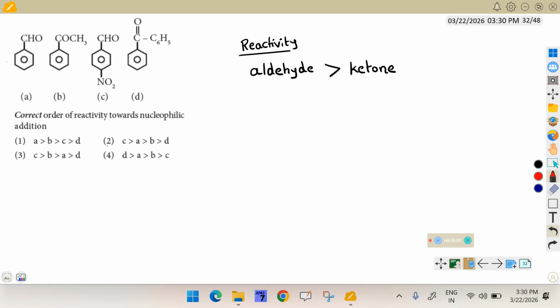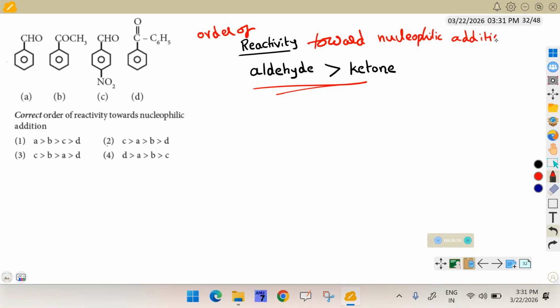Correct order of reactivity towards nucleophilic addition. Generally, aldehydes are more reactive than ketones. This is an aldehyde, this is also an aldehyde.